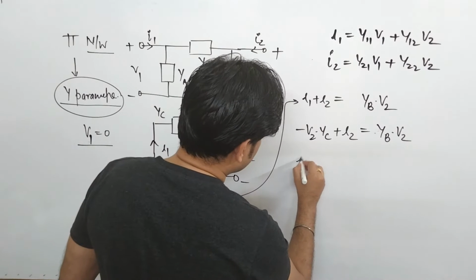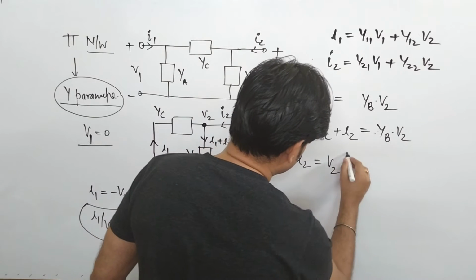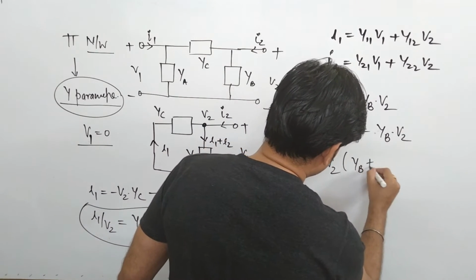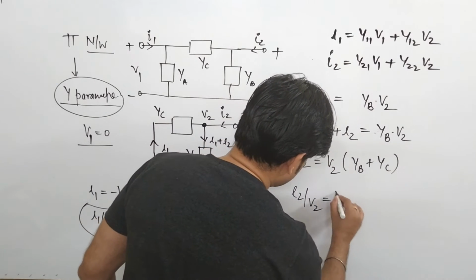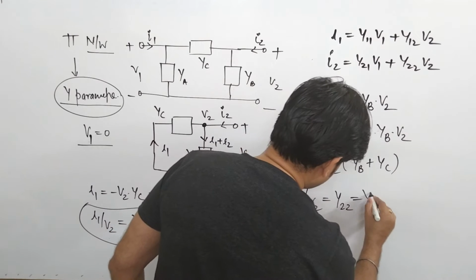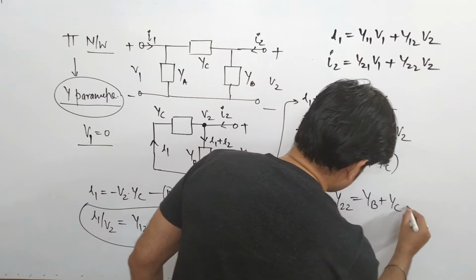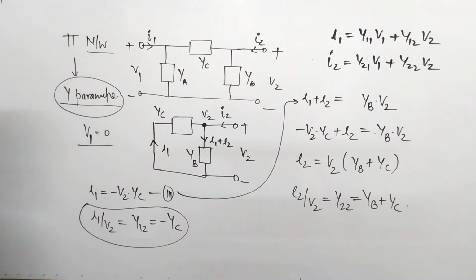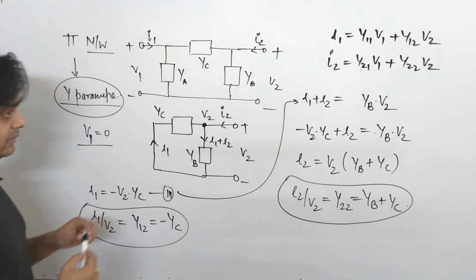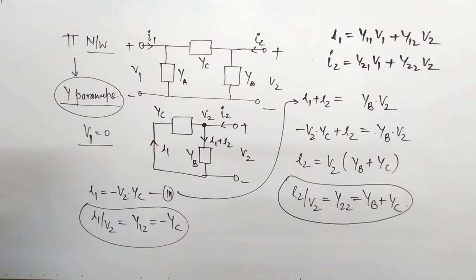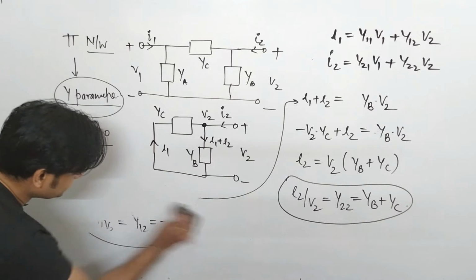So from here you can say that I2 is equal to, take V2 as common, YB plus YC, or from here I2 by V2, that is Y22, comes to be YB plus YC. So in this fashion we have identified this also. So this is your next parameter. So yes, we have found all the 4 parameters.